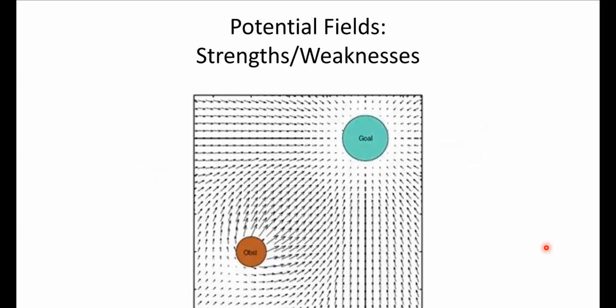Not necessarily. We can programmatically define cost as distance from goal. So the further away I am, the higher the landscape. And if I know where obstacles are, then I can set the cost to be really high at those spots and just add this together.